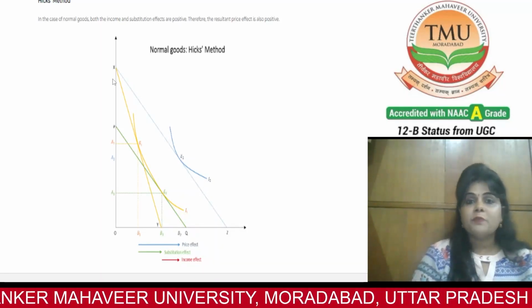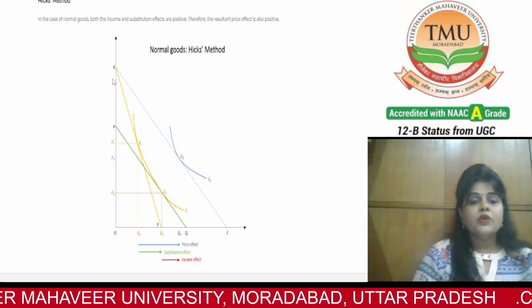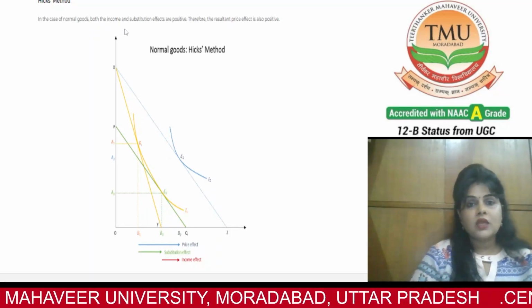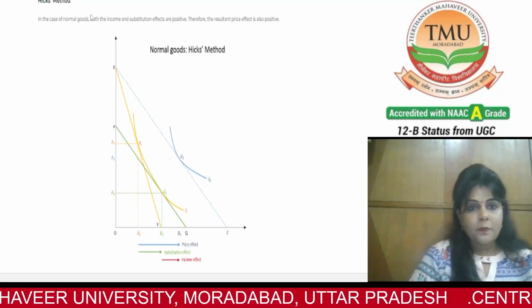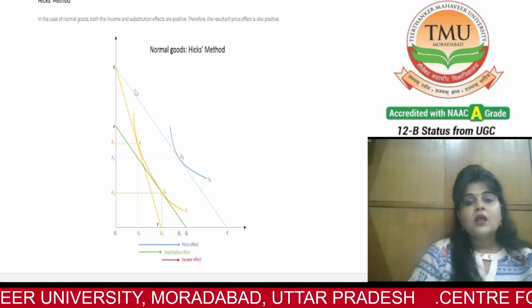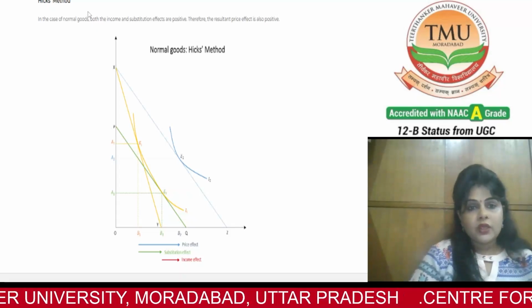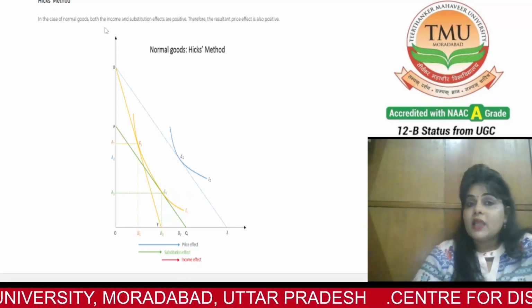Real income is purchasing power, so purchasing power will be the same. To reduce the income level, the budget line shifts parallel, the blue line, from XZ to PQ. Here is a new budget line PQ due to the reduced income level.